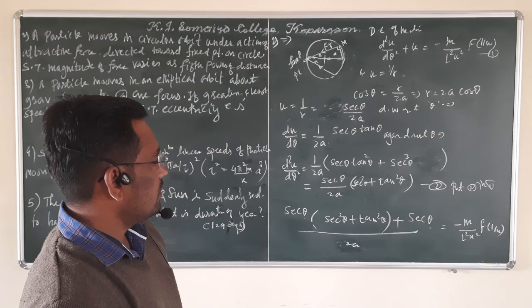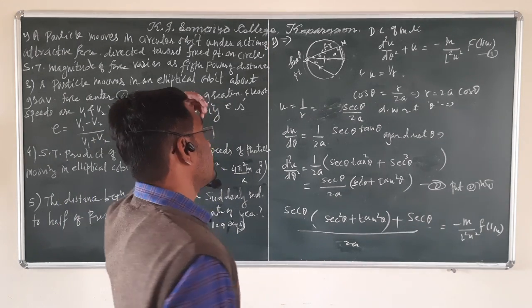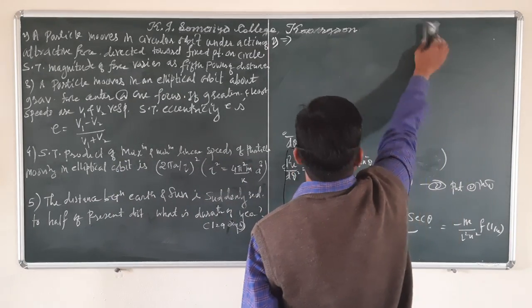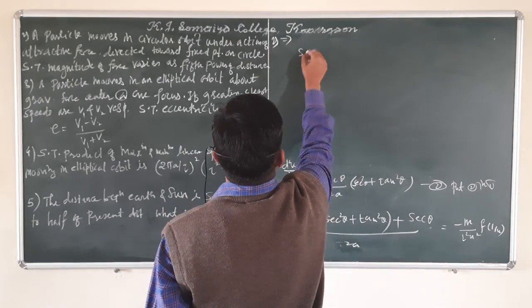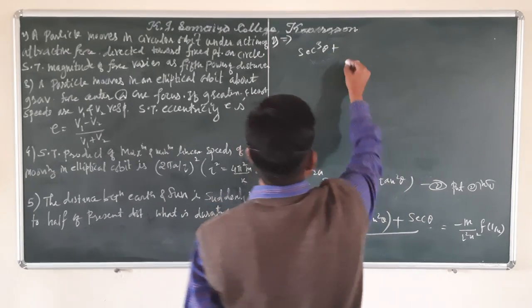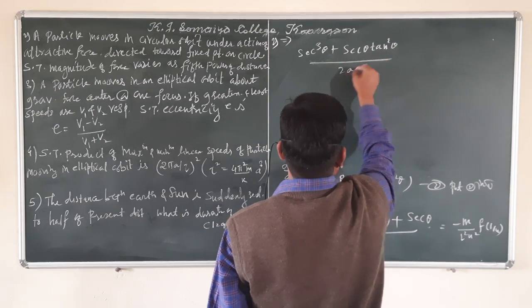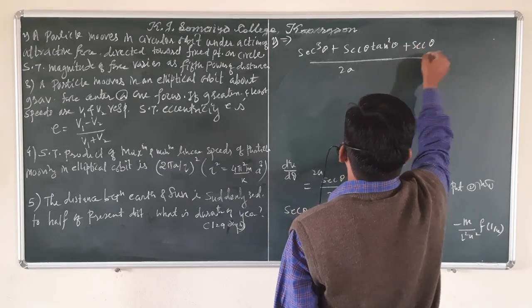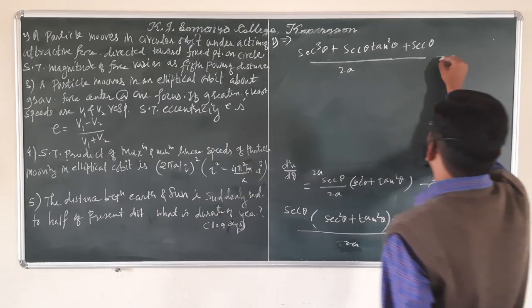Okay. Now in this equation, if you simplify this equation, on the left hand side we get sec cube theta plus sec theta tan square theta divided by 2a, plus sec theta, and on the right hand side what we will have?